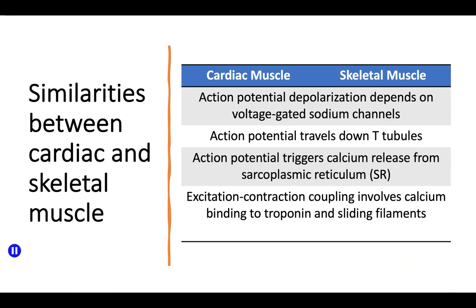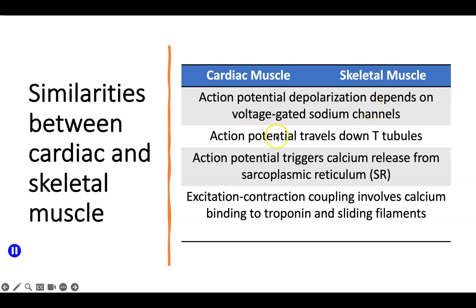More comparisons now between cardiac and skeletal muscle. We already have seen cardiac muscle has a lot more mitochondria than skeletal muscle. But now let's look at four similarities. So action potential, depolarization, in both of these muscle fiber types relies on voltage-gated sodium channels.